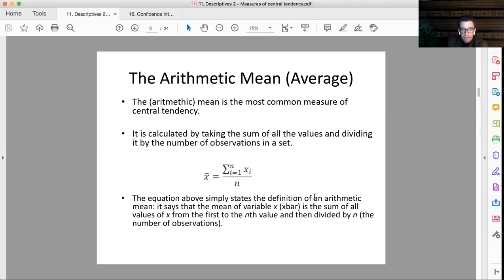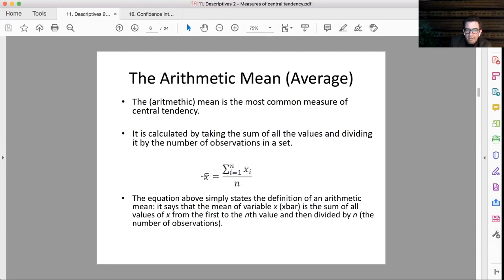That one is the average, or the arithmetic mean. The mean of a distribution is the sum of all the values for all the observations, divided by the number of observations. That's how you get an average.